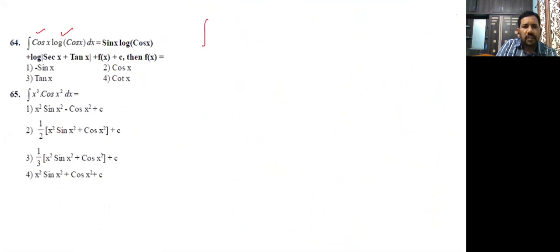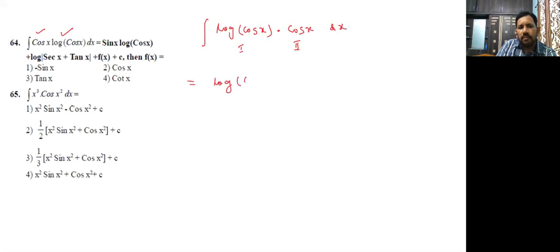Integration log cos x into cos x dx. This is the first function, this is the second function. Apply the integration by parts.